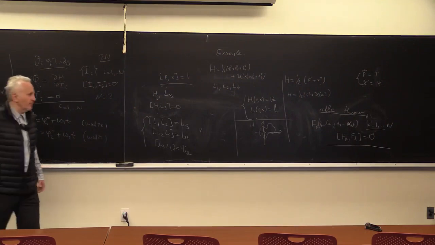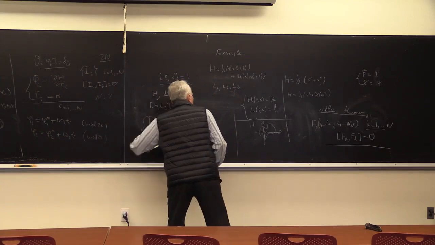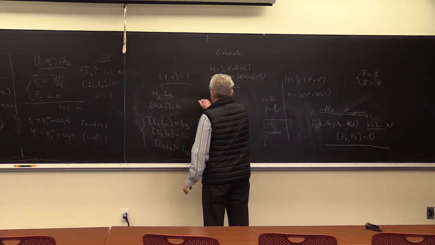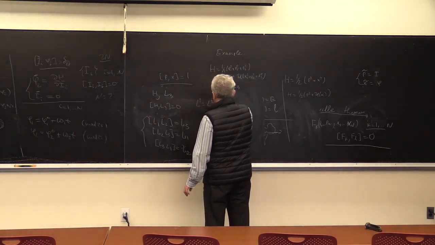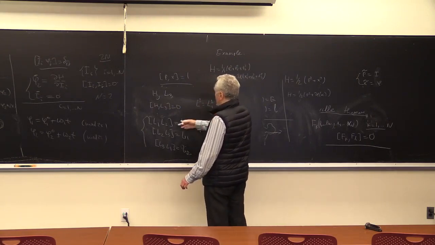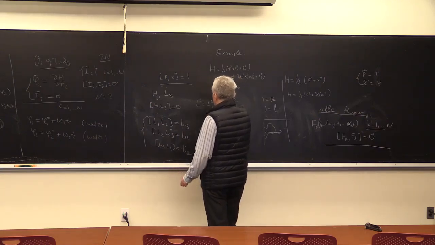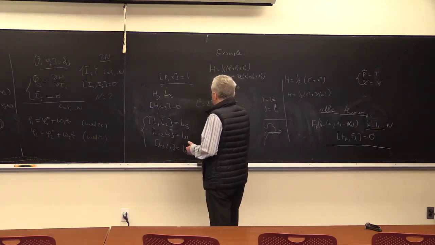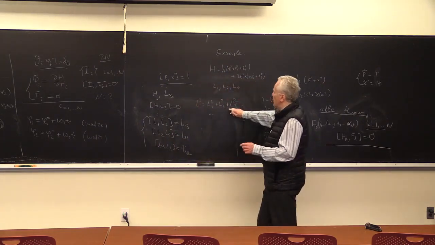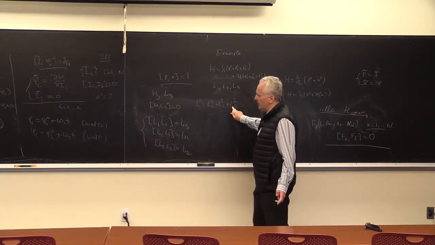Guess what it is? L squared. Yes, very good. If you take L1 squared plus L2 squared plus L3 squared, first of all, the fact that it commutes with the Hamiltonian is obvious, because each of these is time independent.